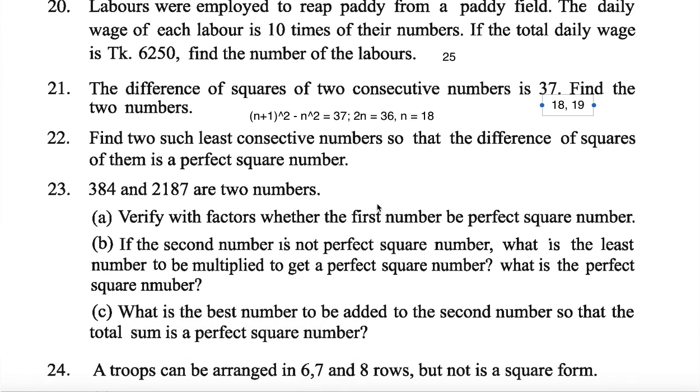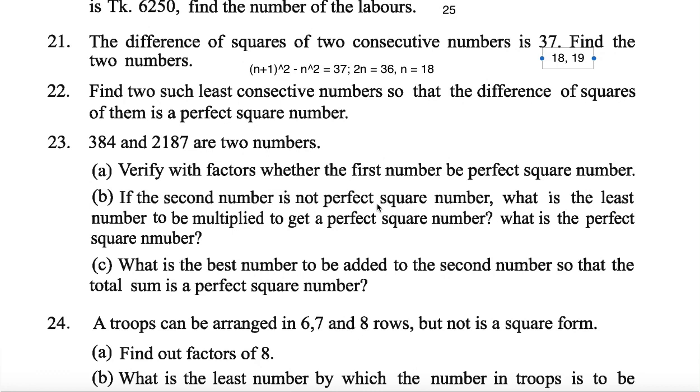Find two such least conjugate numbers so that the difference of squares of them is a perfect square. If you proceed with 1 and 2, 4 minus 1 is not a perfect square. 9 minus 4 is also not a perfect square. 16 minus 9 is also not a perfect square.